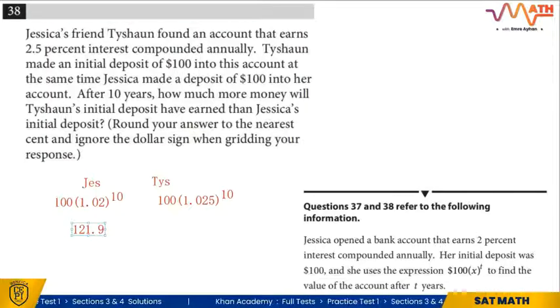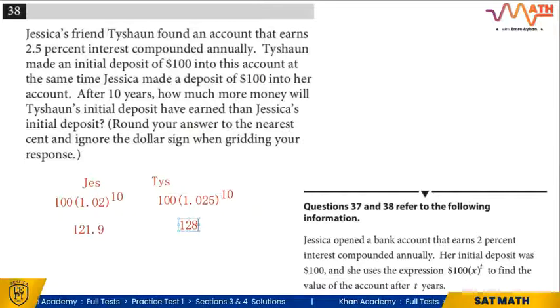And for the other one, it is 100 times 1.025 to the power 10 also. So it is 128. We can directly use the calculator to do the subtraction, not round at the beginning. It's going to be a more accurate answer.